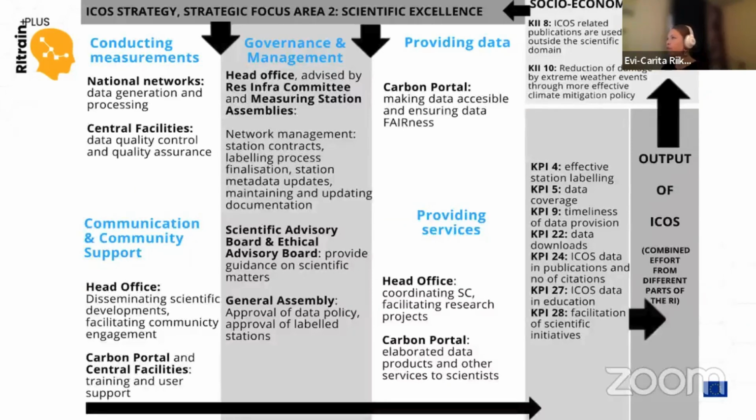This is again a very full picture, but I've used an example from ICOS. So for example, if we were to explain how the combined effort from our activities produce certain type of impact, I have chosen one of our strategic areas, which is the scientific excellence.